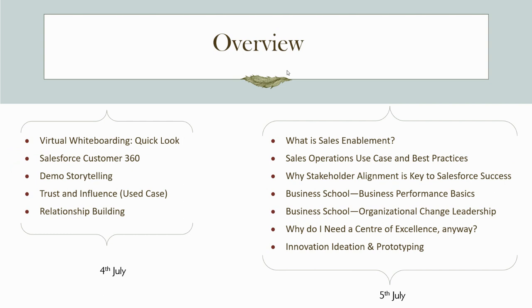We also covered how to tell stories to your customer and stakeholders, techniques for influencing and building trust with the customer, and relationship building with the customer and your team.